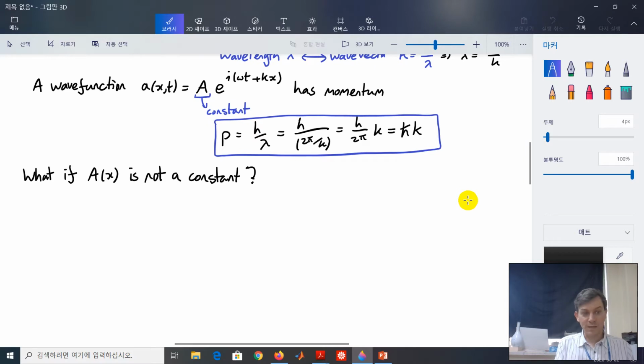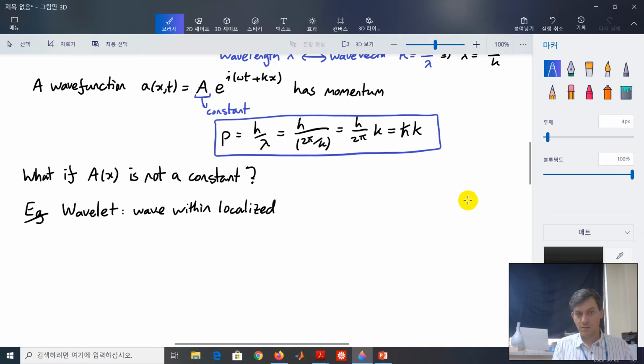Okay, so an example which is often useful to think about is what's known as a wavelet. So this is a kind of wave which exists within a well-defined region of space. Okay, so what does that look like?